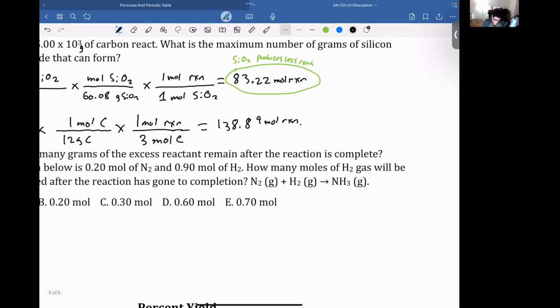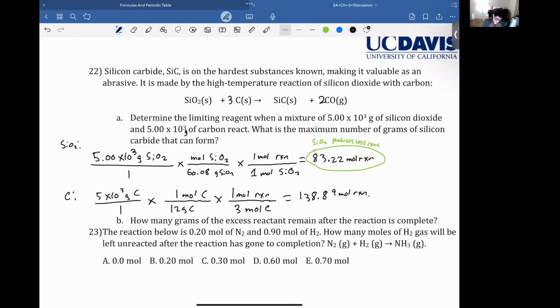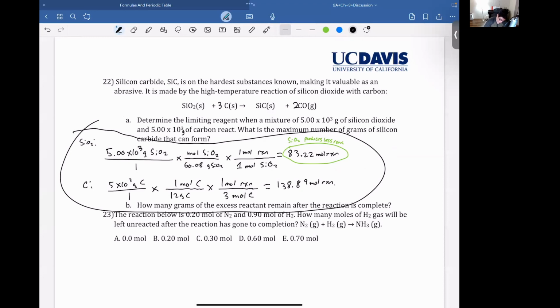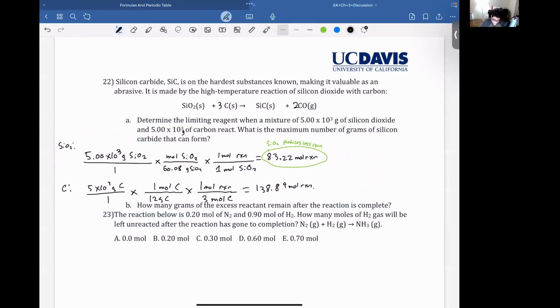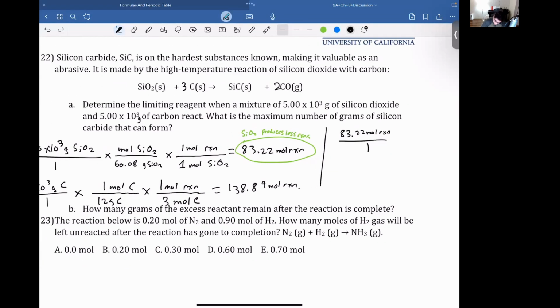So now we can calculate whatever we want. We know SiO2 is limiting. Now it says, what is the maximum number of grams of silicon carbide? I have 83.22 moles of reaction that are going to occur, theoretically. For every 1 mole of reaction, I get 1 mole of silicon carbide.